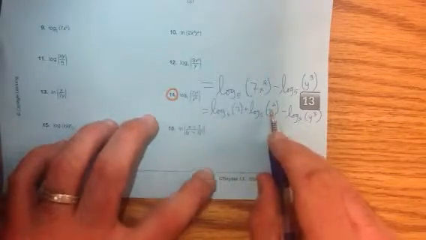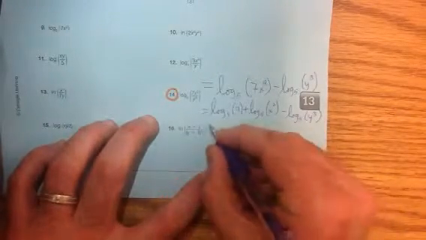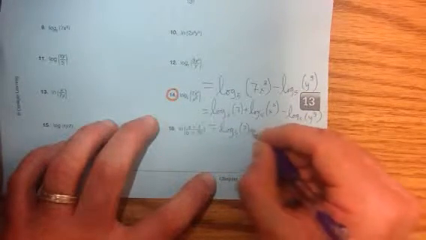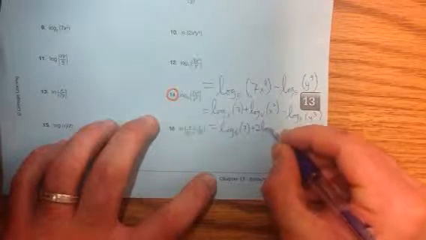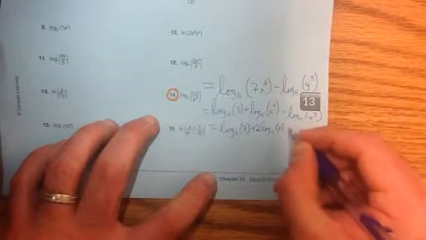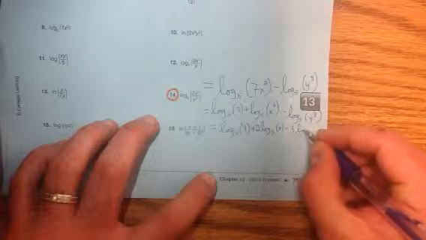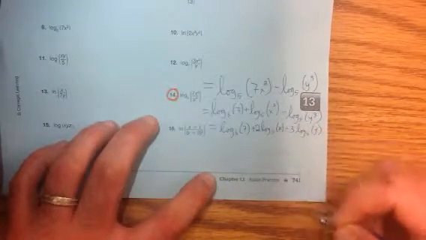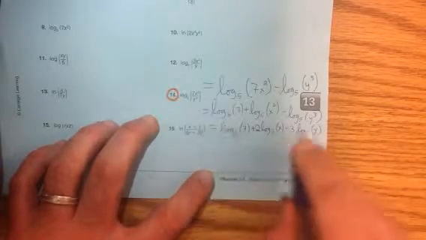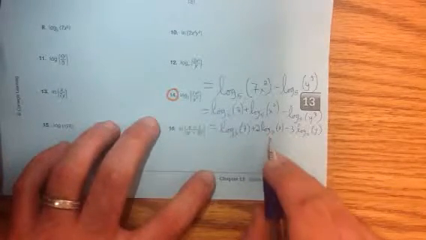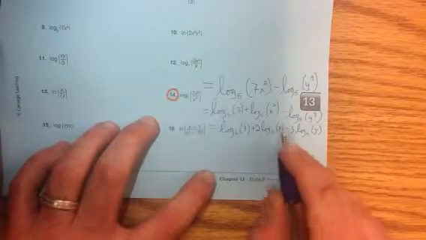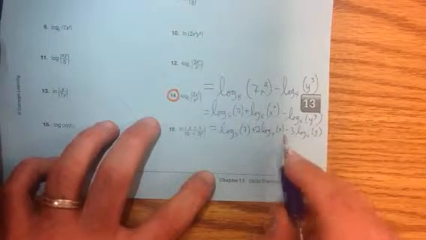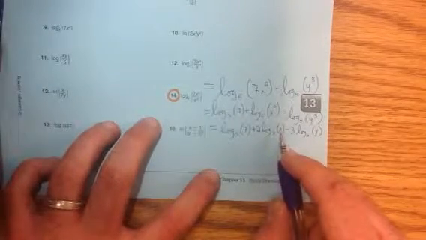Now, here I can use the power rule and here I can use the power rule. So the first term stays the same, plus 2 log 5 of x minus 3 log 5 of y, taking the exponent down. And this is expanded form, ladies and gentlemen, because each log only has one item inside of its argument. And there's no way to extract anything else here.